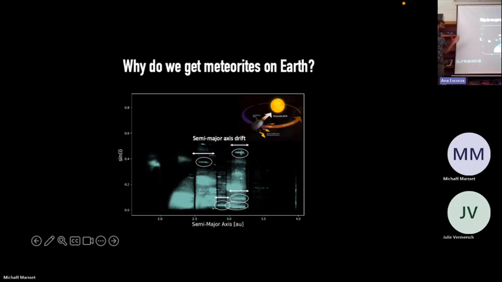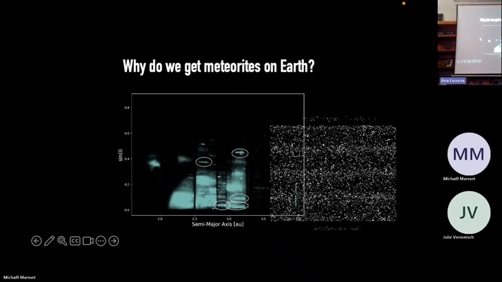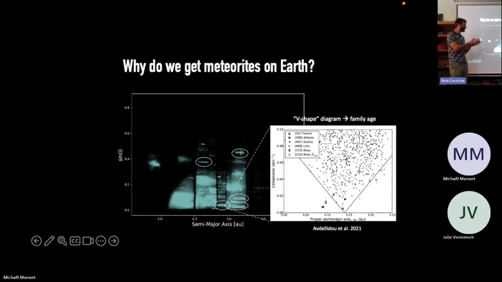So back to these clusters, we call them collisional families because all these asteroids belong to the same family. They all have a common origin. As I said, smaller fragments are more sensitive to thermal forces. If you plot the inverse size of the family members as a function of distance from the sun, semi-major axis, you find this very characteristic V-shaped diagram.